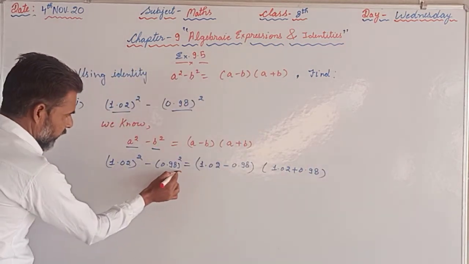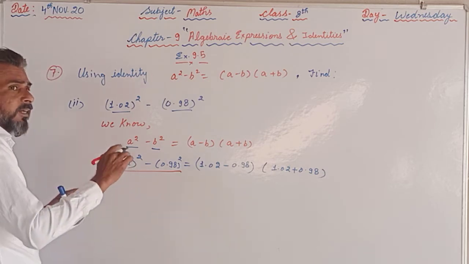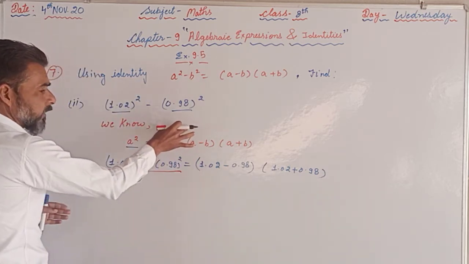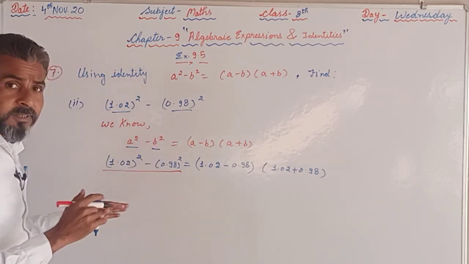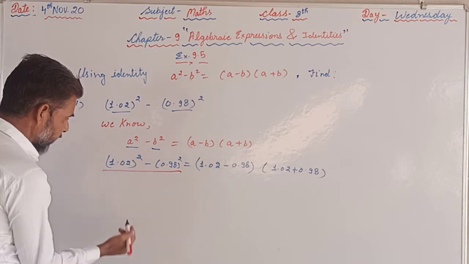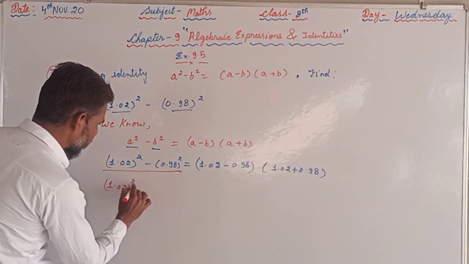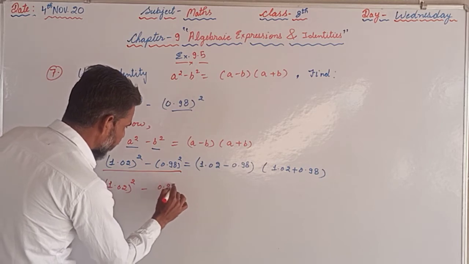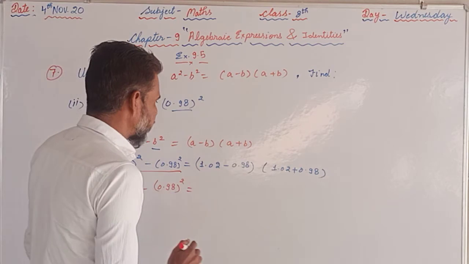So we have substituted the values of a and b on the left hand side as well as on the right hand side of the given identity. The left hand side is the expression which we are supposed to solve. So we will write the same thing, that is 1.02 square minus 0.98 square.